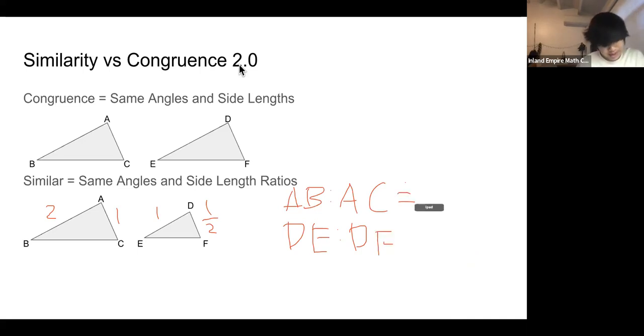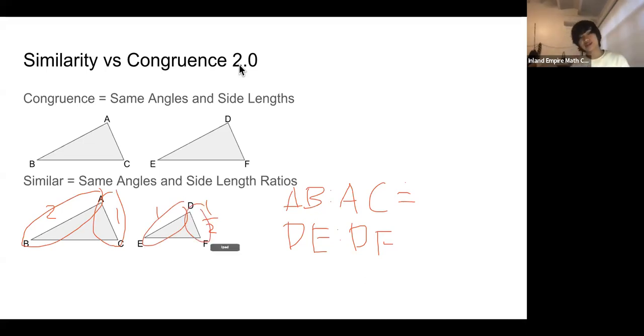So these two lengths have the same ratio as these two lengths. So the relationship between the triangle's sides is kind of the same. Does that make sense to everybody?